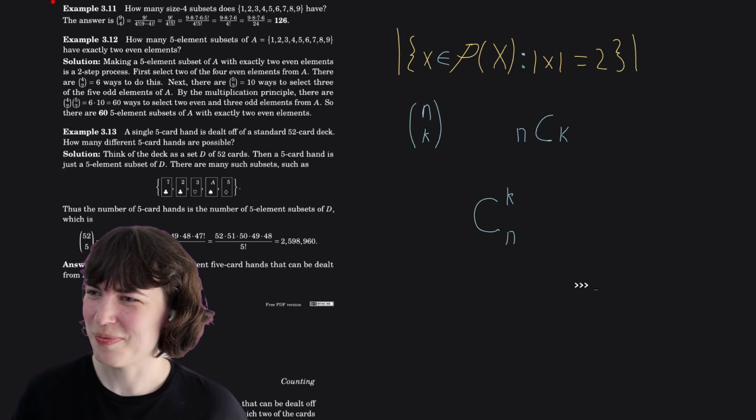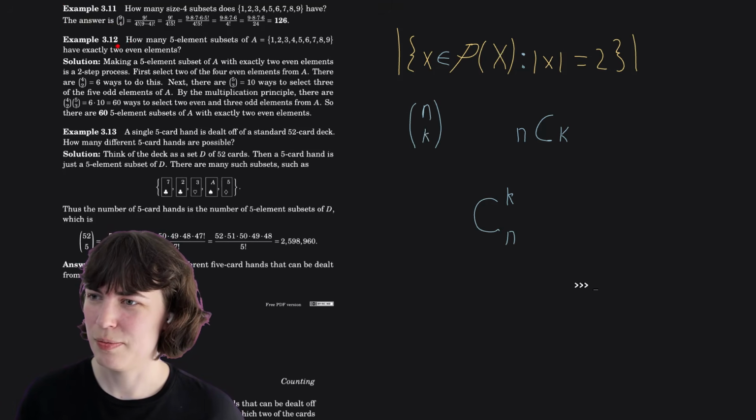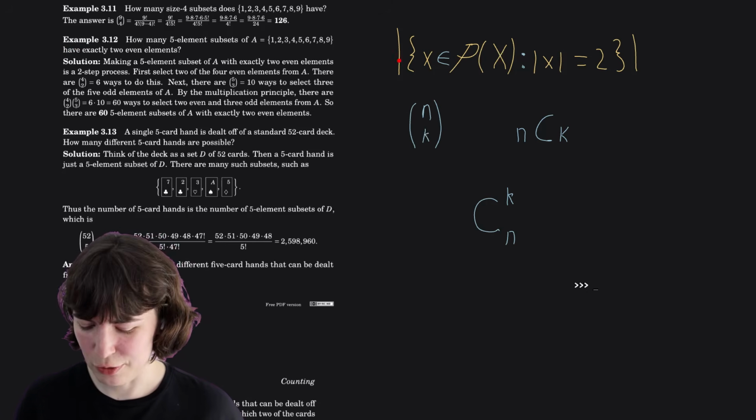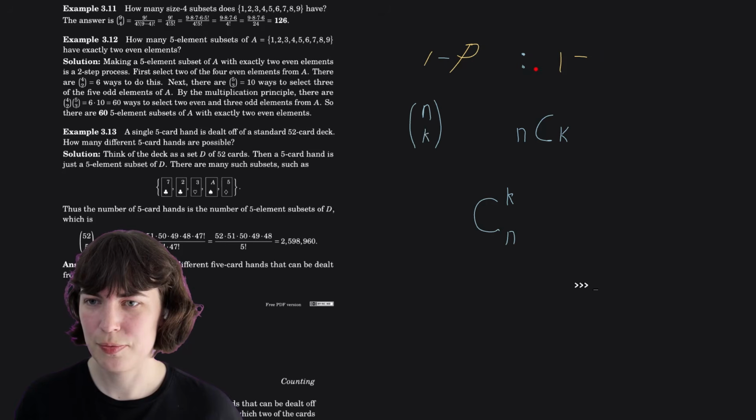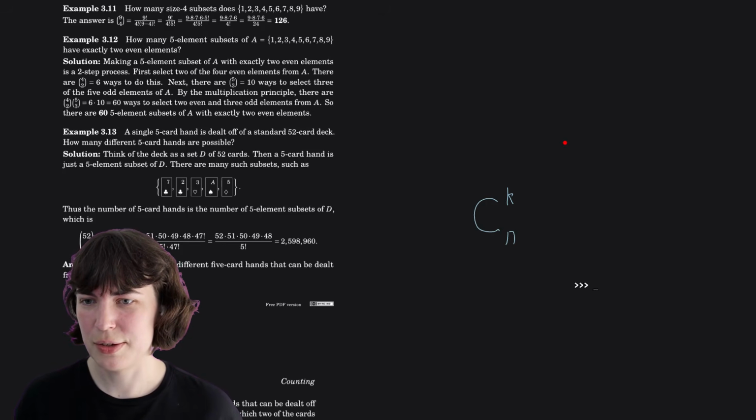Okay, where are we? How many size subsets does this have? Now I've got the formula off my screen. Let me get rid of all this.